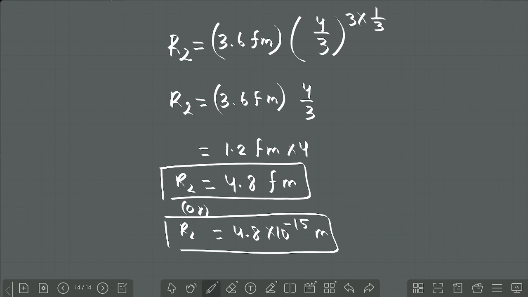So use this formula: R2 by R1 equals A2 by A1 to the power 1 by 3. Whatever data is given, for aluminum, you took as A1 and R1, and for the other, which is not given, you took A2 and R2. Clear? Then you calculate.